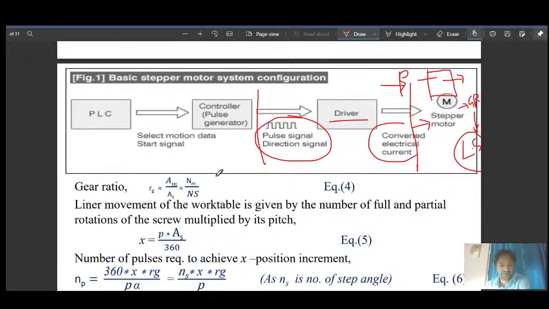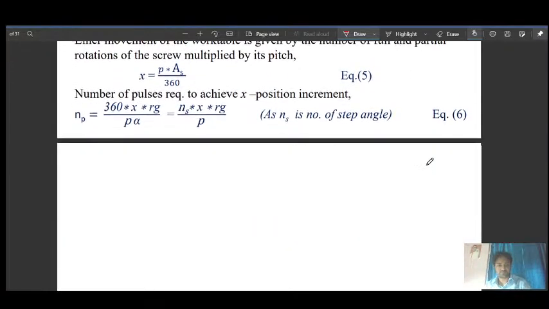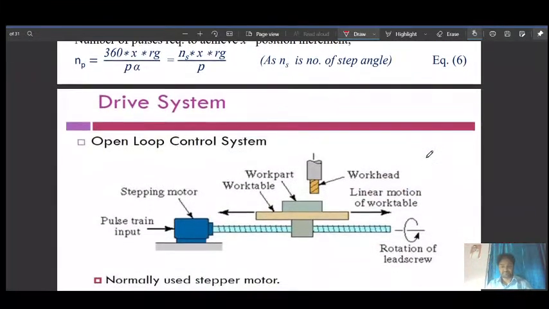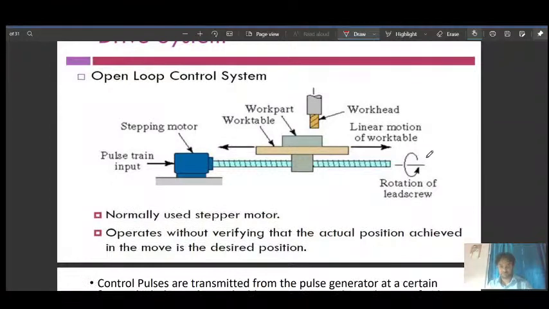So gear reduction, as you can see, total angle of the motor is here, pulse train, and this one is the motor.